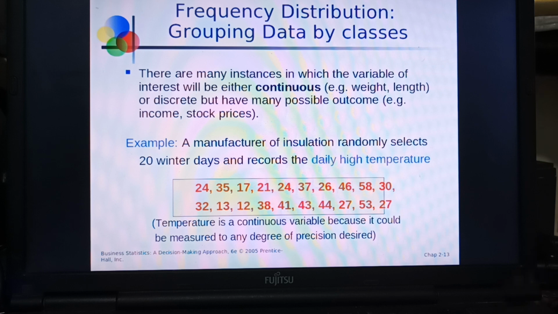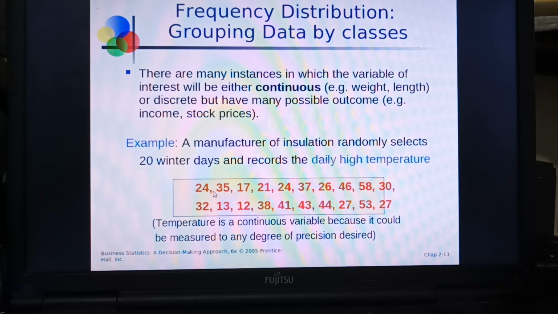Example here, a manufacturer of insulation randomly selects 20 winter days and records the daily high temperature. We don't have winter here, but winter is very cold time of the year in America and other temperate areas of the world.